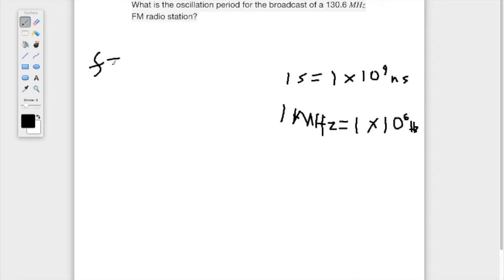So our frequency should be 130.6 megahertz times 1 megahertz, and this should be capital M, and then 1 times 10 to the 6th hertz.